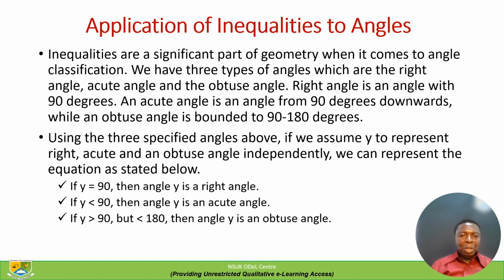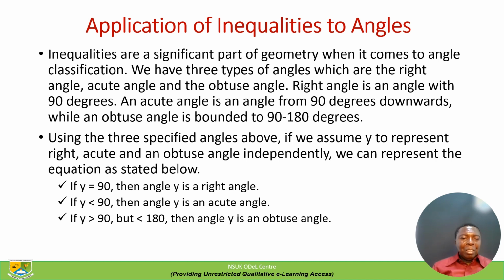Using the 3 specified angles above, if we assume y to represent a right, acute and obtuse angle independently, we can represent them as stated below. 1. If y is equal to 90 degrees, then angle y is a right angle.